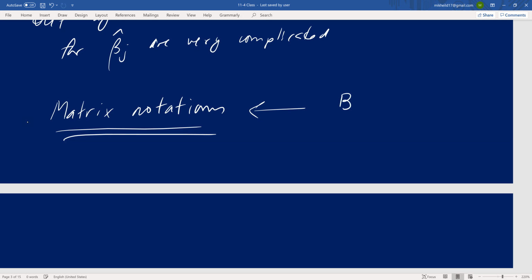It's like this: B equals X prime X inverse times X prime Y. But guys, all of these are matrices, so these are bold letters.